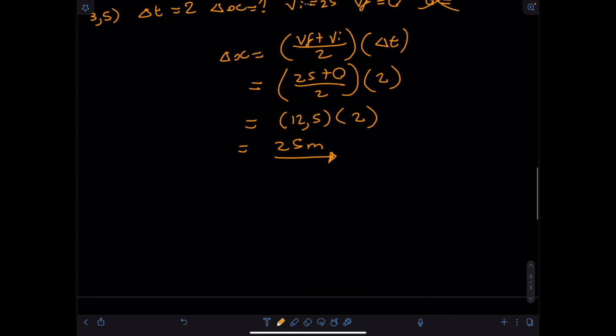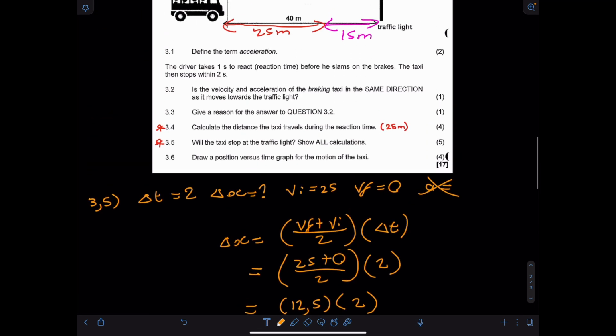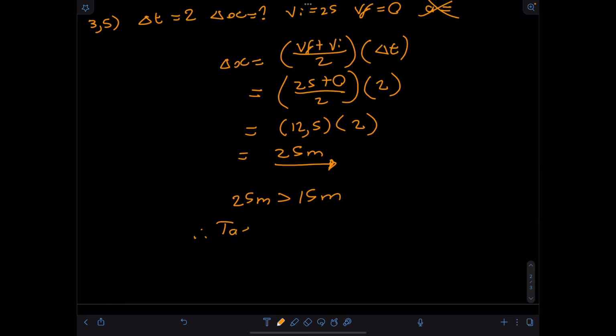You can write something like this. Obviously you'll have to write this out in words, but essentially it's 25 meters is greater than 15 meters. Therefore, the taxi will not stop at the traffic light.